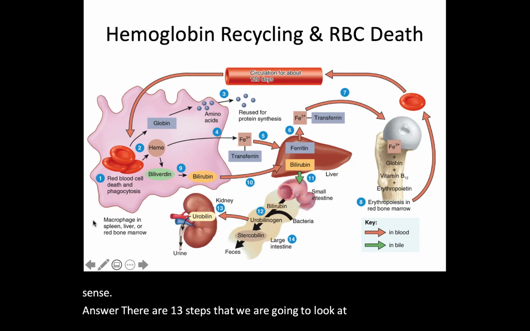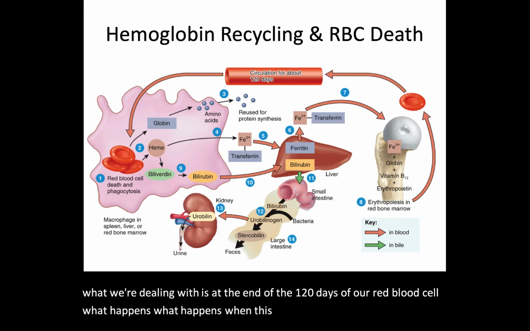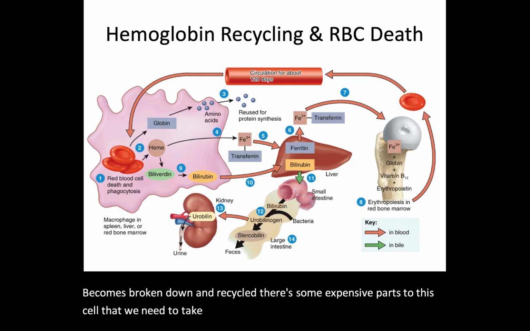Really what we're dealing with is, at the end of the 120 days of our red blood cell, what happens when this red blood cell officially dies and becomes broken down and recycled? There are some expensive parts to this cell that we need to take into account, and probably the most expensive part is the hemoglobin.